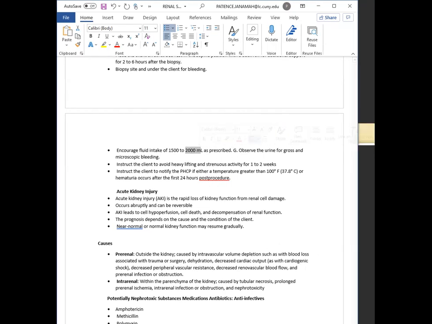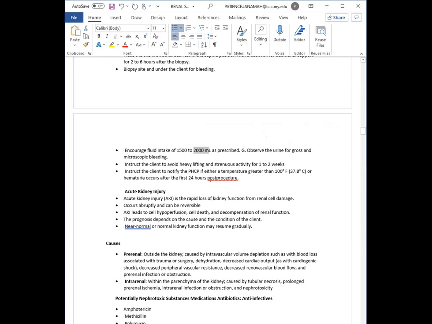That's why you need to know your conversions. I had told you that. So 1,500 ml is 1.5 liters of fluid. So the big bag of normal saline plus 500 is 1,500 ml. That's 1.5 liters. So you want to instruct the client to avoid heavy lifting and strenuous activity for 1 to 2 weeks.